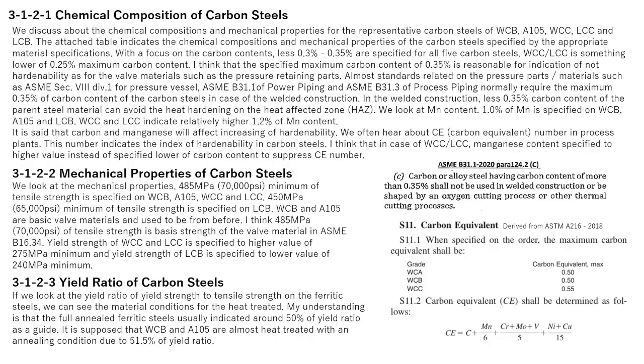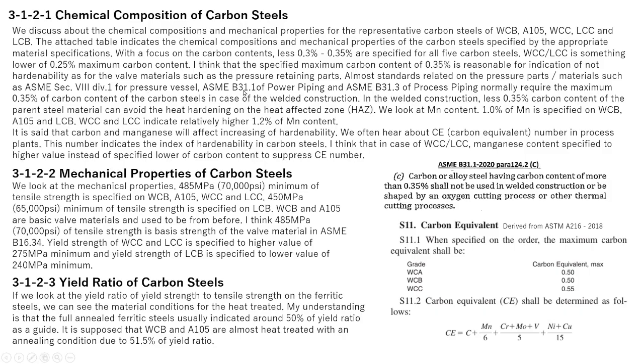With a focus on carbon content, a maximum of 0.3% to 0.35% is specified for all five carbon steels. WCC and LCC have something lower, 0.25% maximum carbon content. I think the specified maximum carbon content of 0.35% is reasonable as an indication of non-hardenability for parent material such as pressure retaining parts.